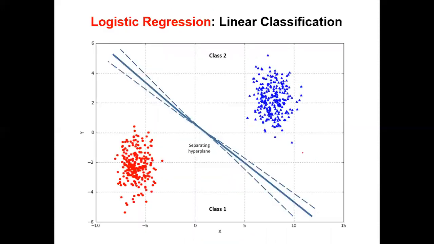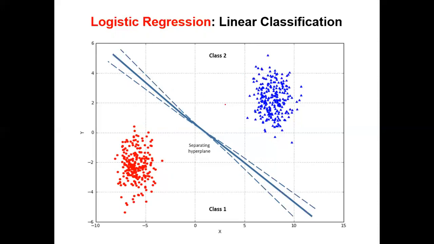Now in logistic regression, we also find the equation of a line, but this line acts as a separator for the classes in the data set. Here is an example of binary classification. As we discussed, logistic regression is used to solve classification problems. In this model, we classify the data set into the number of classes given in the training data set.